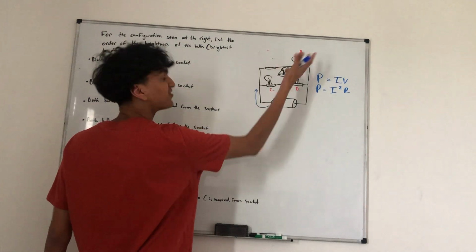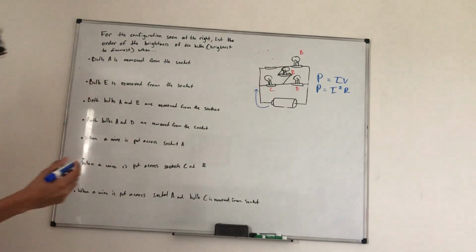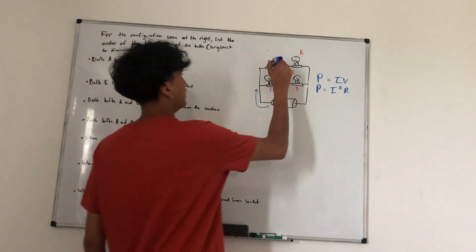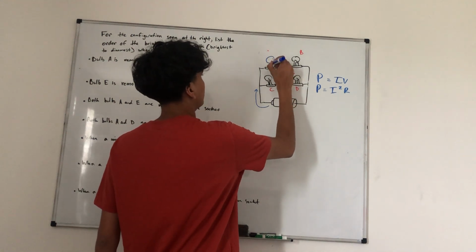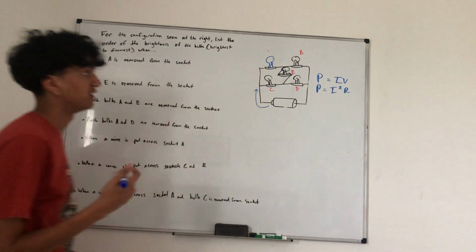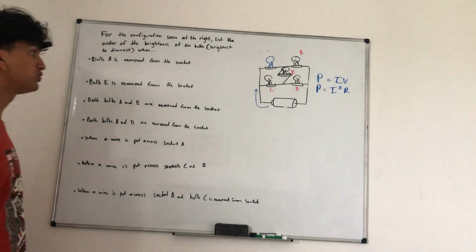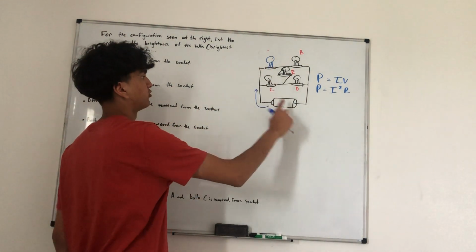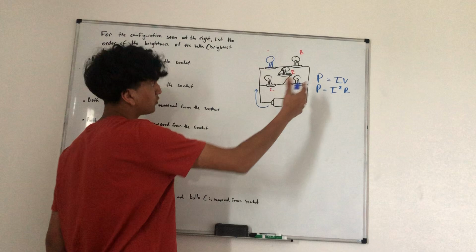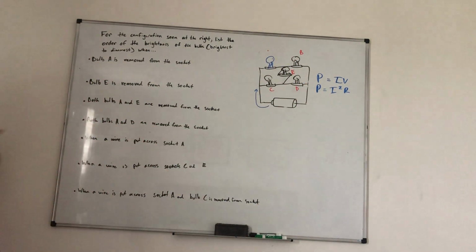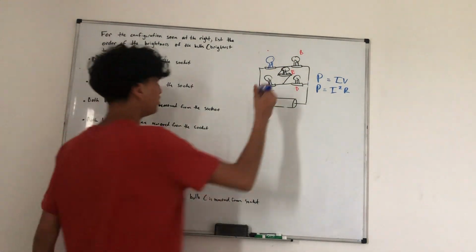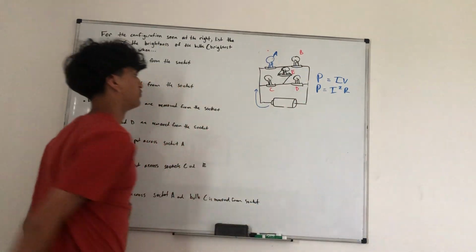No more charge is going to go through it. So when a bulb is removed, that means no more current is going to go through that bulb. It's almost like cutting out the wire. All the current's going to go through C, none of it's going to go to A if the bulb is removed.